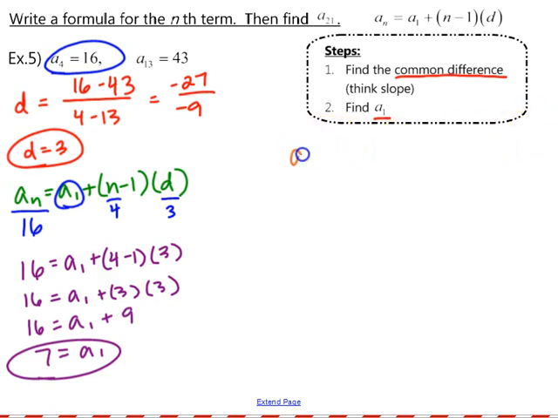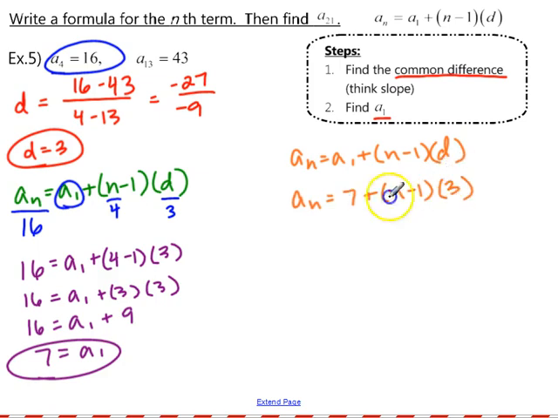We're going to take our general formula and then substitute in our common difference and a sub 1. So a sub 1 is 7, our common difference is 3, and then again we're going to simplify the right side.